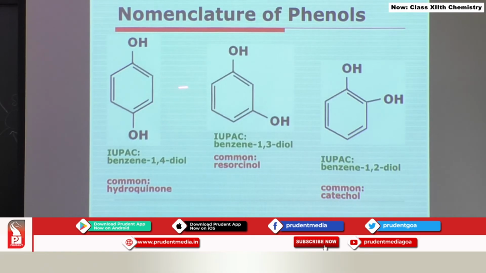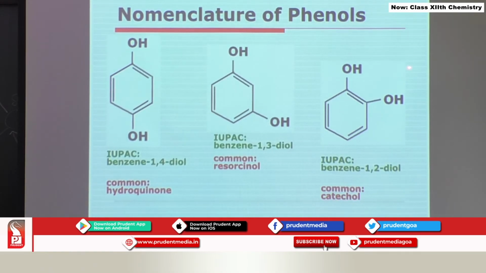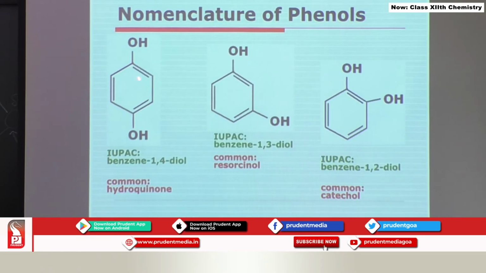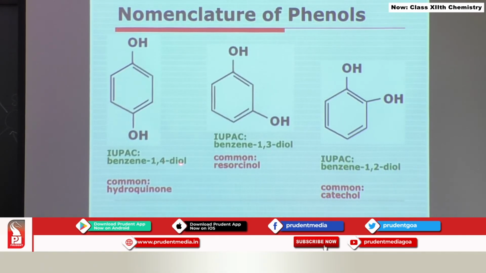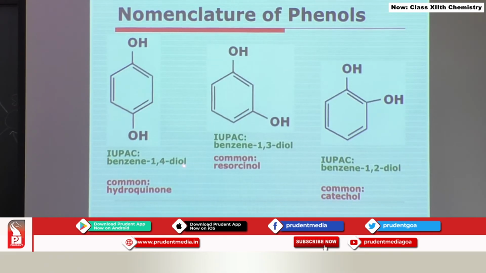Again here is a different class of phenols in which there are 2 OH groups on the benzene nucleus. Here we have OH groups at 1,4 position from each other. So the IUPAC name is benzene 1,4-diol since 2 hydroxyl groups are present on the benzene ring.